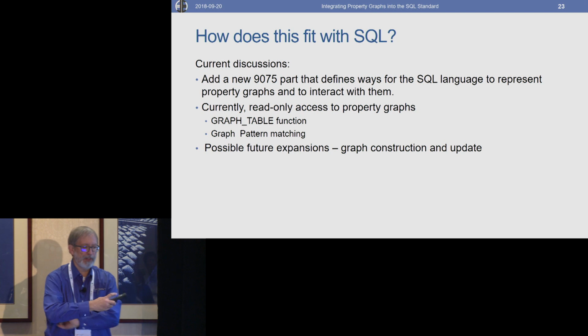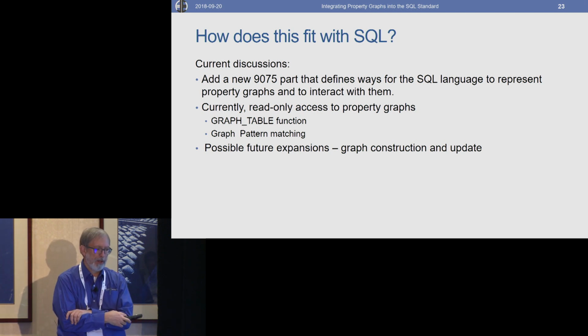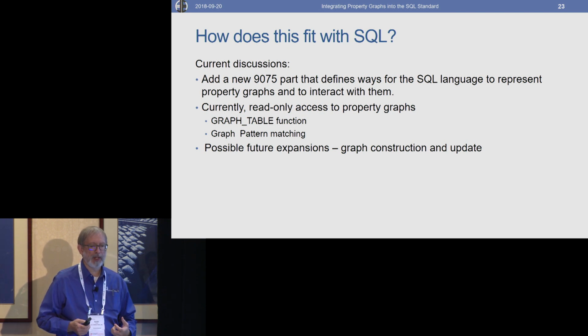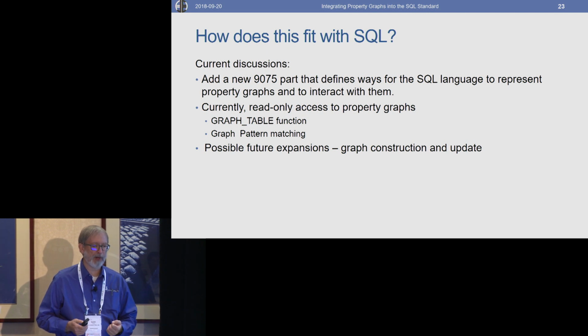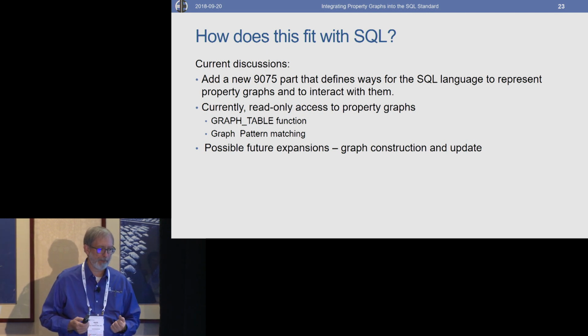But how does this all fit within SQL? Well, our current discussions are about adding a new part of the 9075 set of standards that defines ways for the SQL language to process property graphs and interact with them.